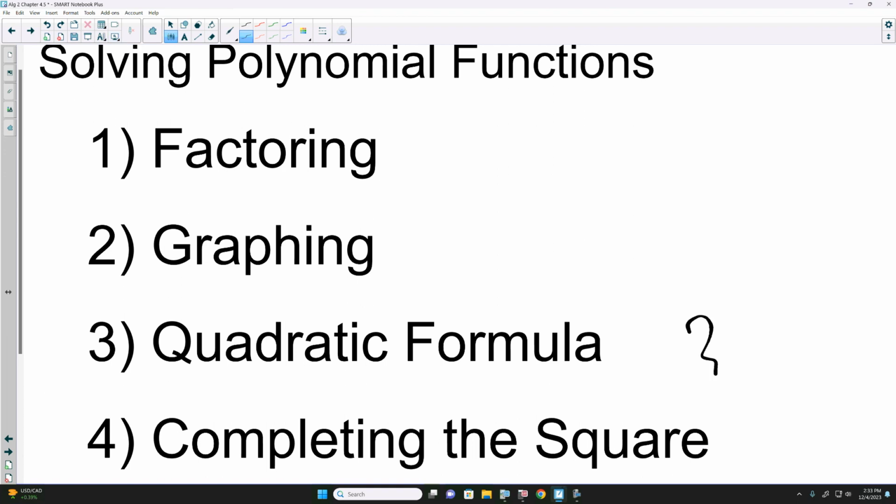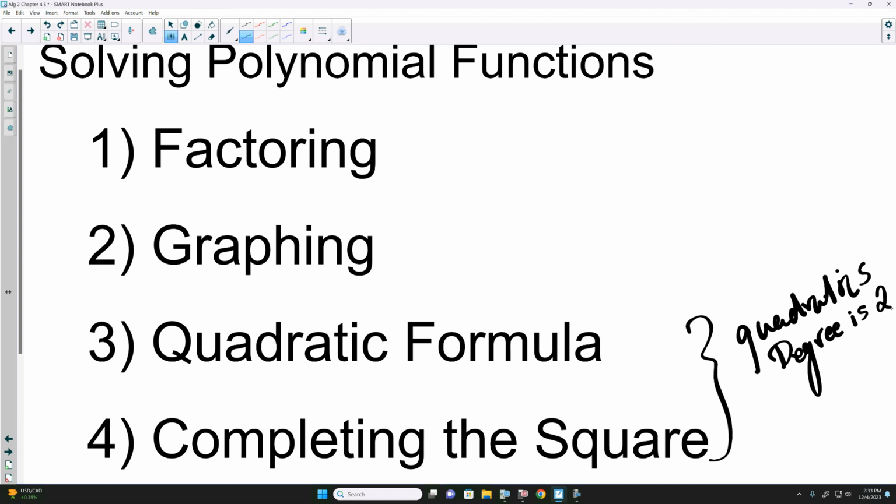And the last two that we had were the quadratic formula and completing the square. But again, these mainly worked for quadratics, where the degree of the polynomial function is 2.